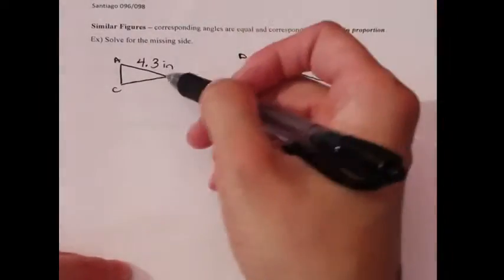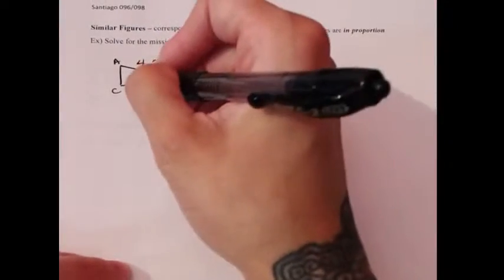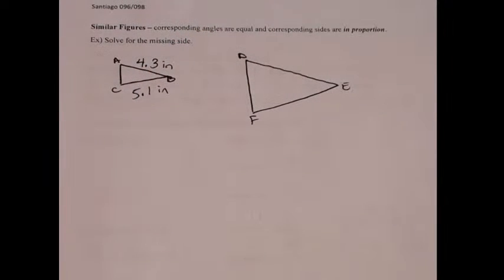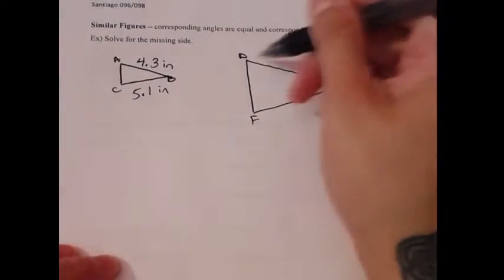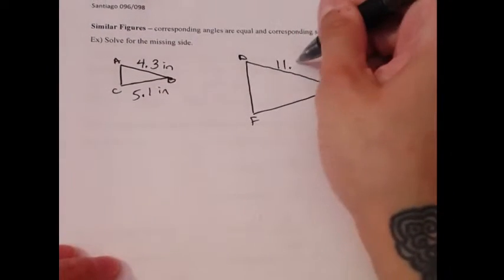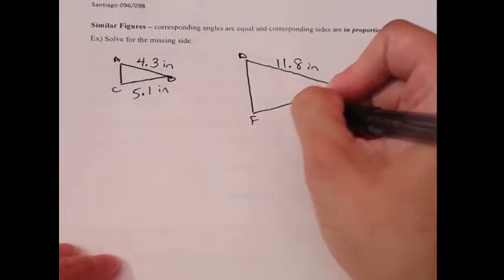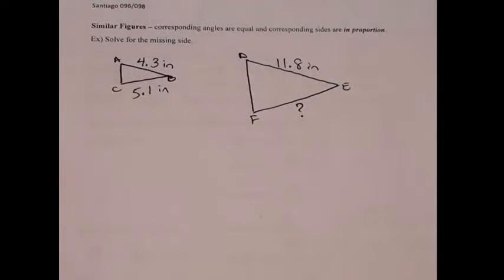And let's say that side BC is 5.1 inches. Next, I'm going to say that side DE is 11.8 inches, and we're going to say that side FE is unknown. And we can call it any variable you want. I'm just going to draw a question mark here.